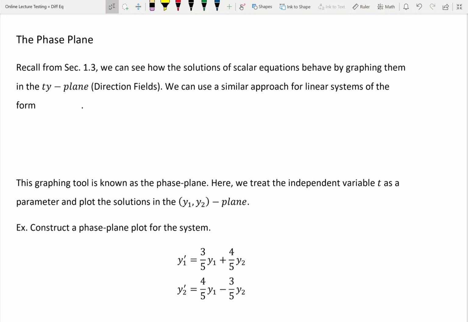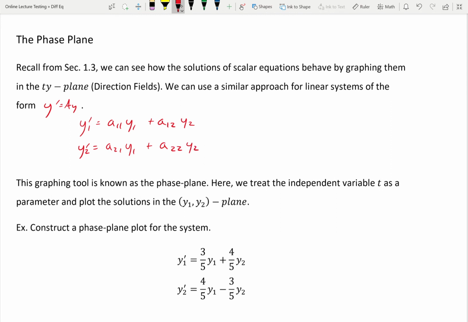So we're going to use a similar approach for linear systems of the form y prime is equal to Ay. But for us, we're limited to just a 2 by 2 in this case. y1 prime is equal to a11 y1 plus a12 y2, and y2 prime is equal to a21 y1 plus a22 y2.